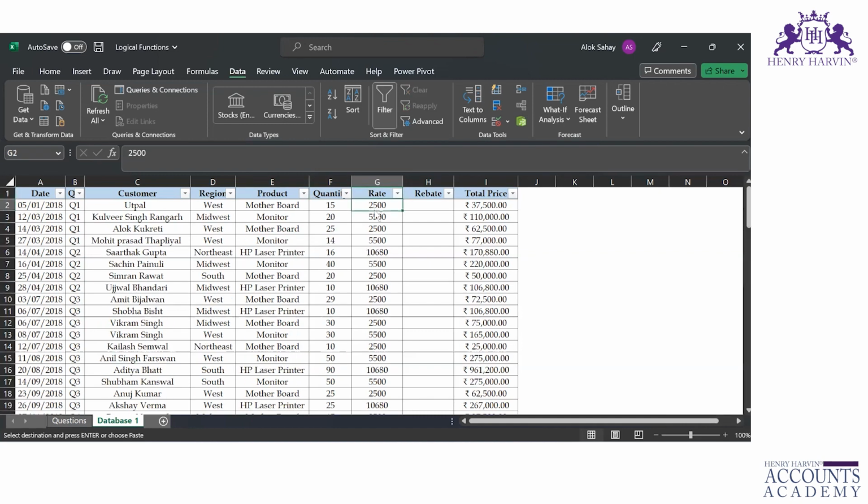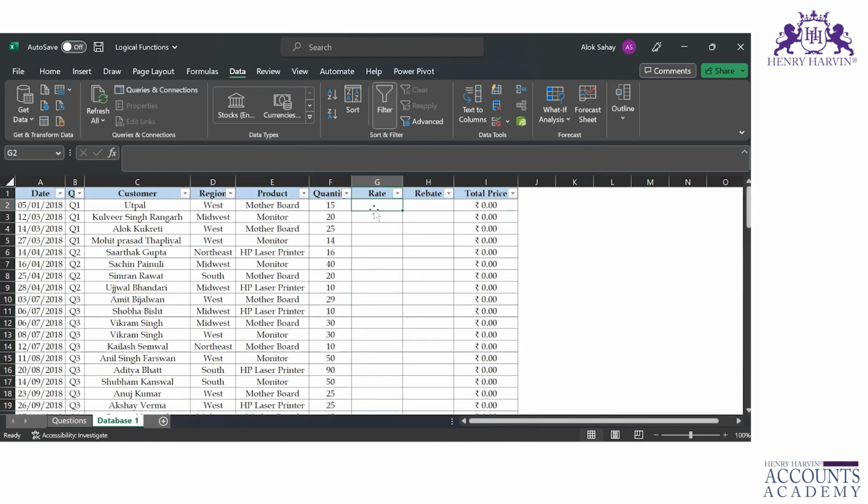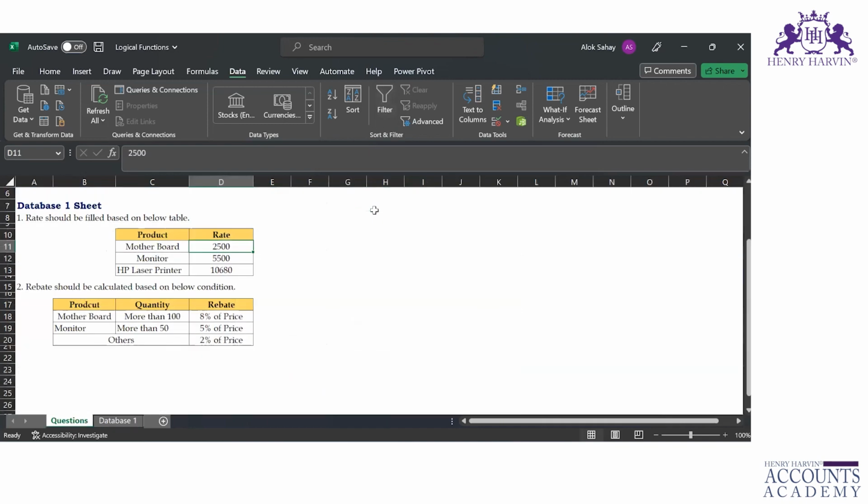But here, as we know the Excel sheet and we know how to implement the data, we are going to use a logical function. Whenever we use a logical function, you can go through a condition that if the product is motherboard, then you will provide this rate. If the product is monitor, then you are going to provide 5500. If your product is HP laser printer, then you are going to provide 10,680.